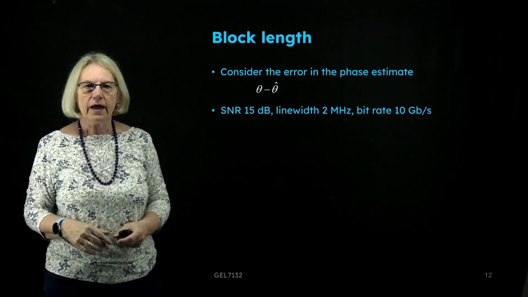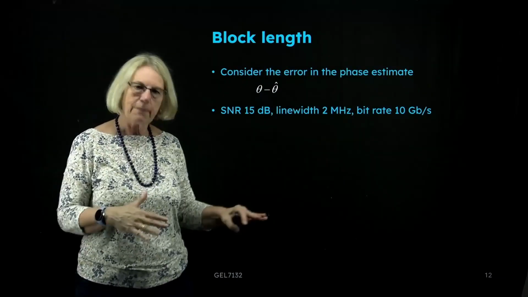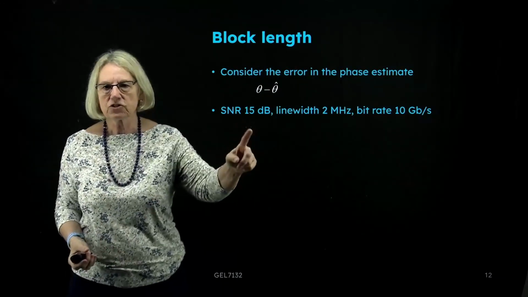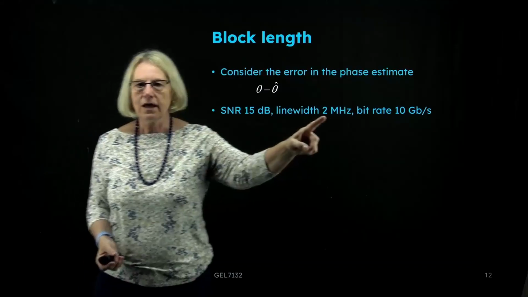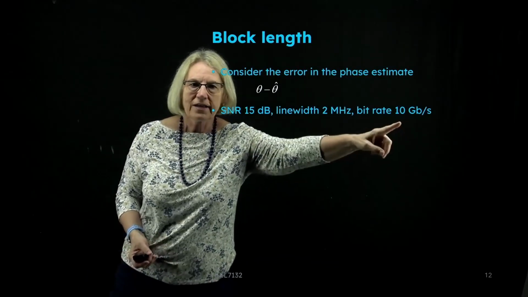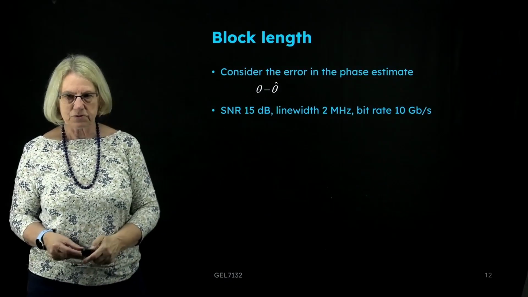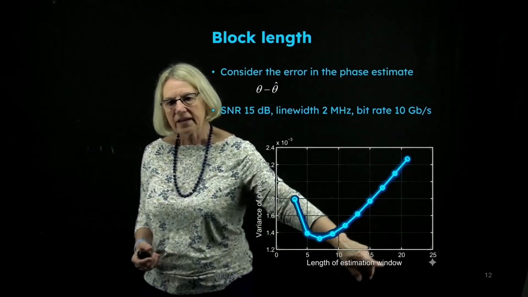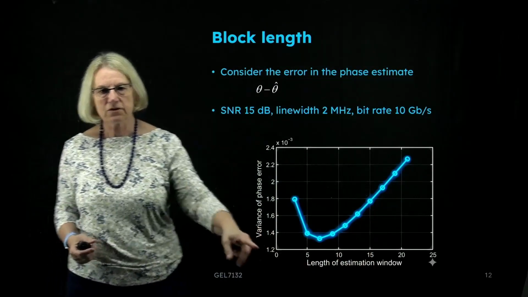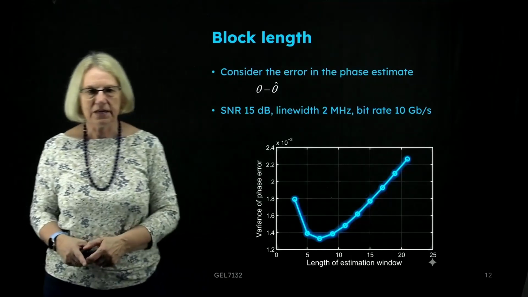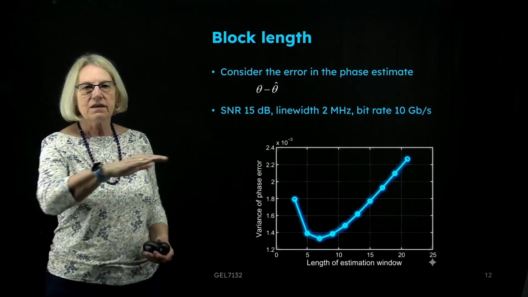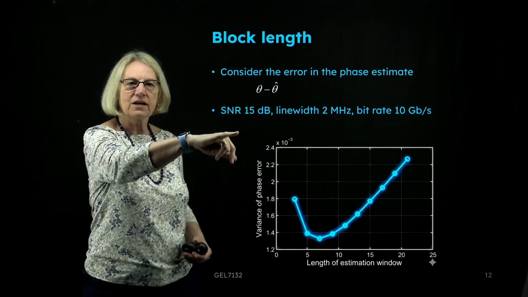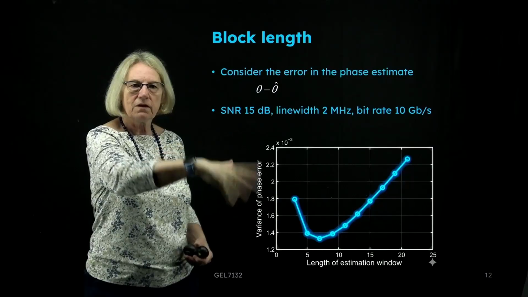I'm going to show you an example for a system with a signal to noise ratio of 15 dB, a line width of 2 megahertz, and a data rate of 10 gigabits per second. I've swept the length of the estimation window from 0 to 25, and the variance can go in this range.